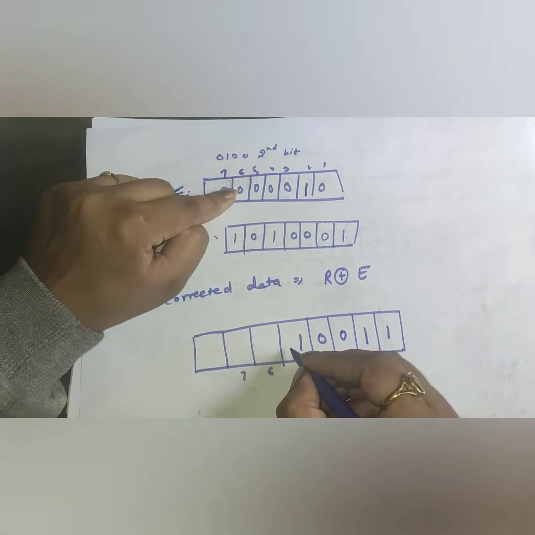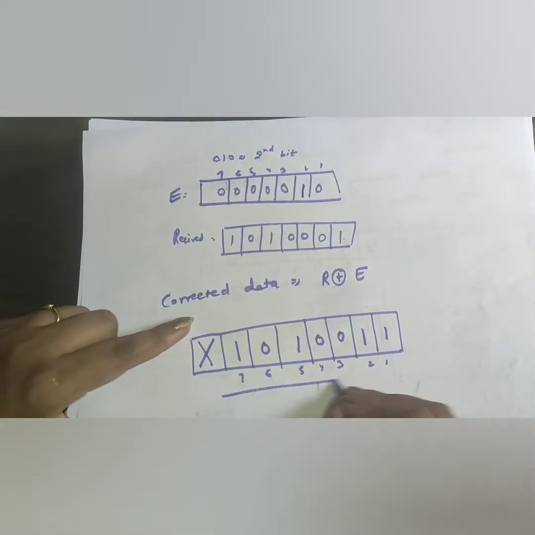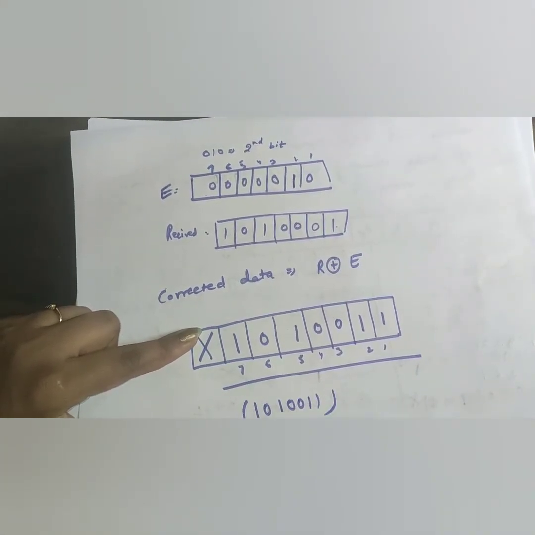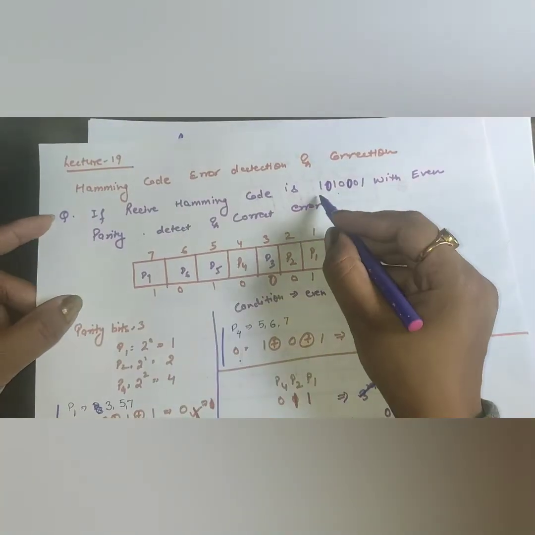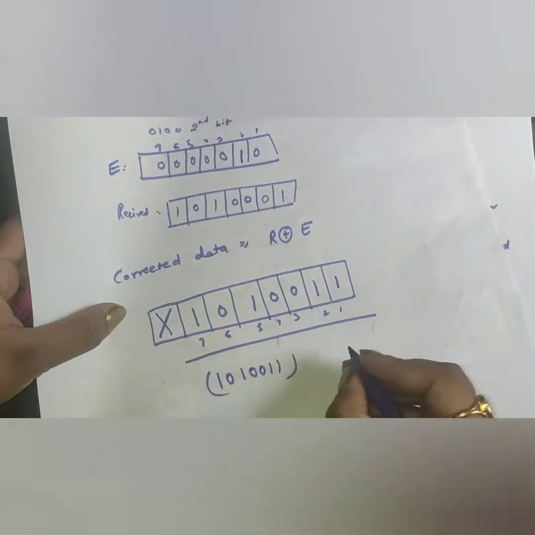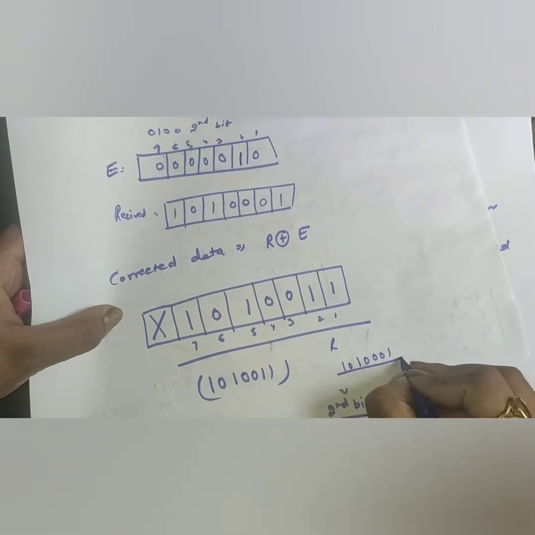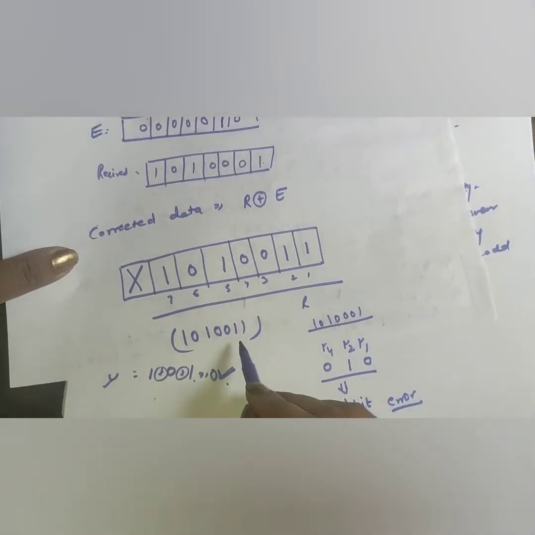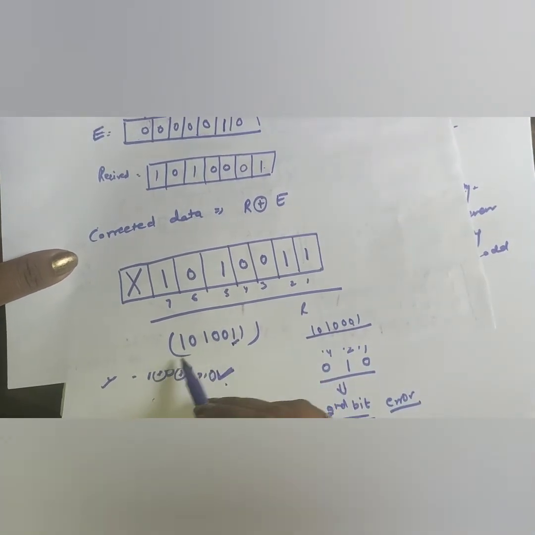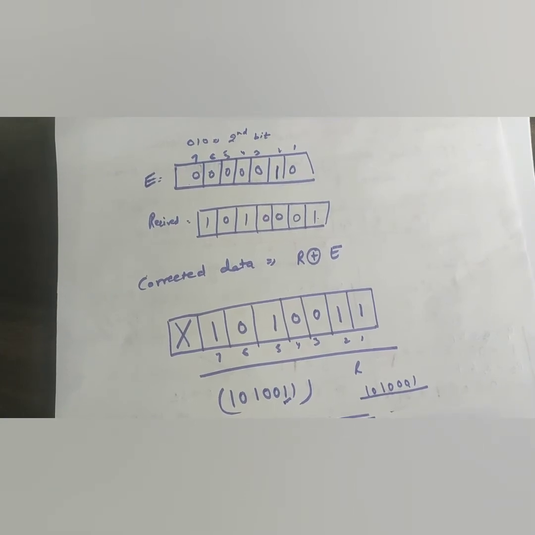So this is our corrected data, 1110001. We found a second bit error and corrected it from 0 to 1, and the other data is the same. So this is Hamming code detection and correction.